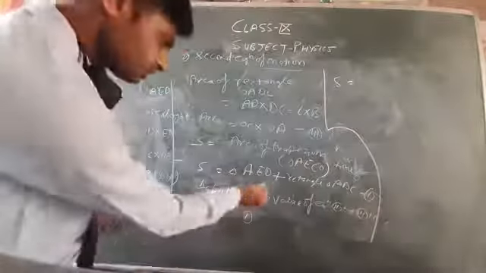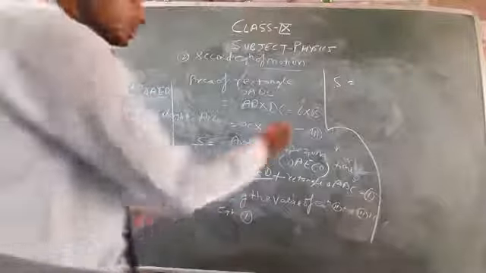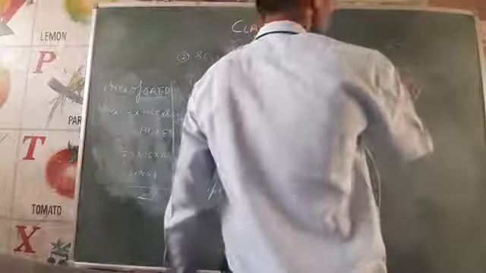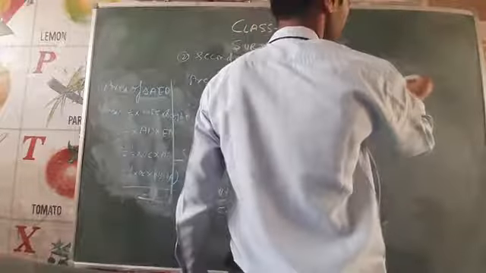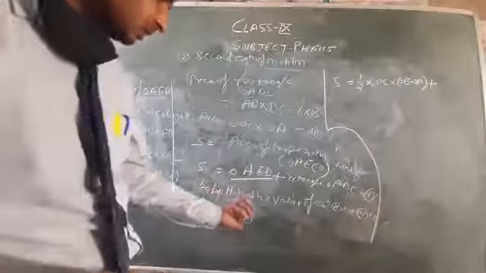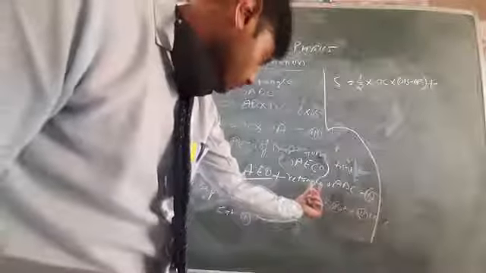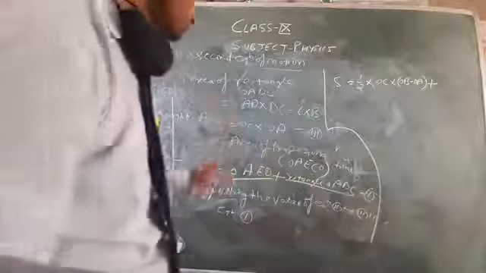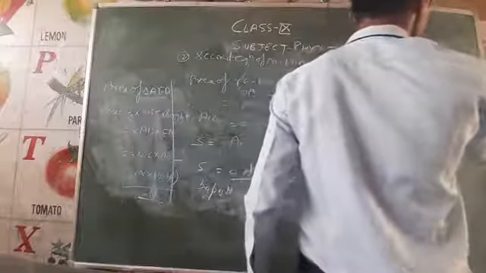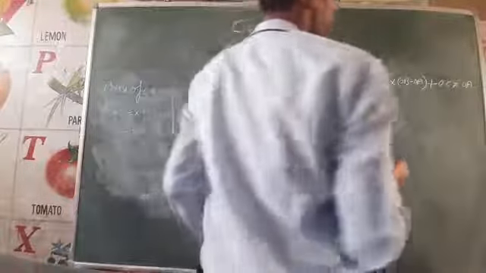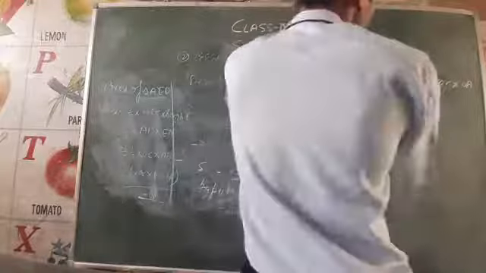So S is equal to the area of triangle, 1/2 OC into OB minus OA, plus the area of rectangle ADC, which is equal to OC into OA. Okay, so what is the value of OC?